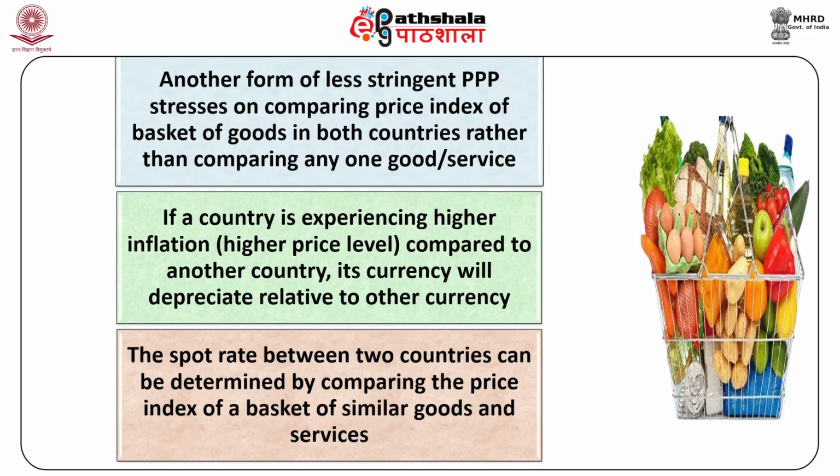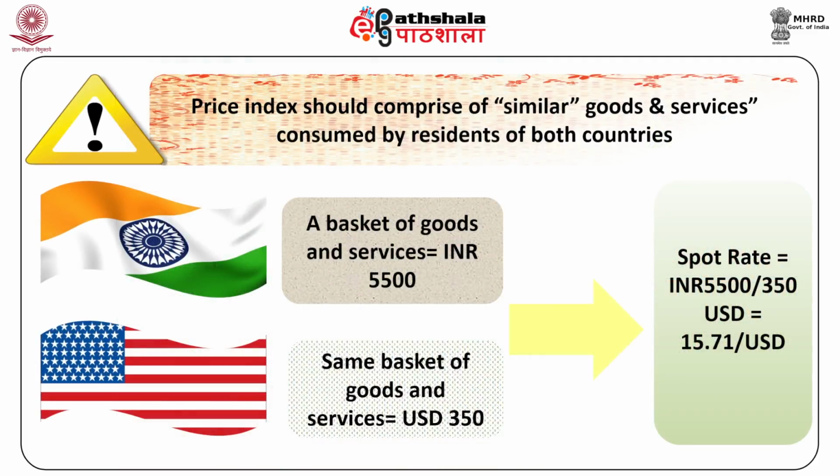It indicates that if a country is experiencing higher inflation, that is higher price level, as compared to another country, then its currency will depreciate relative to the other currency. In other words, the spot rate between two countries can be determined by comparing the price index of a basket of similar goods and services. It is also very important to understand at this point that price index should comprise of similar goods and services consumed by the residents of both countries.